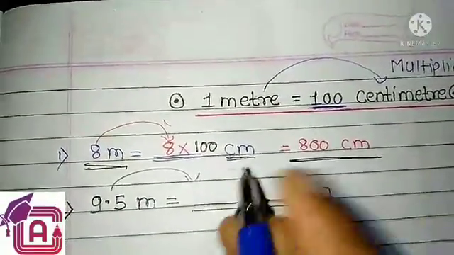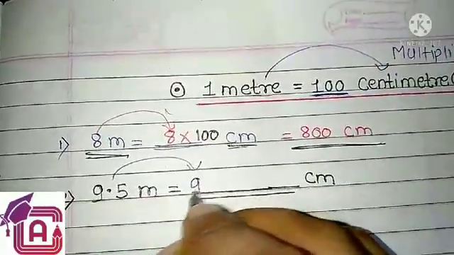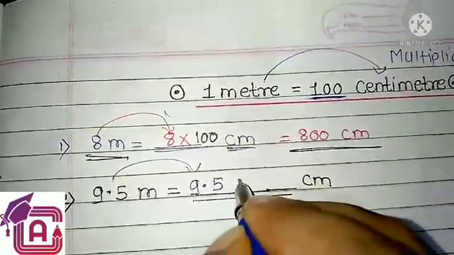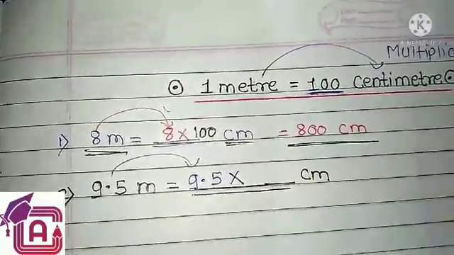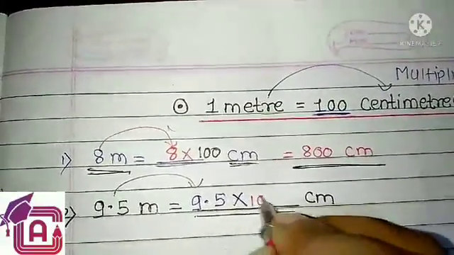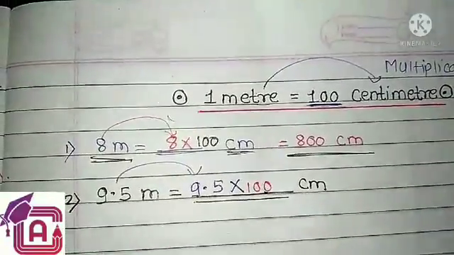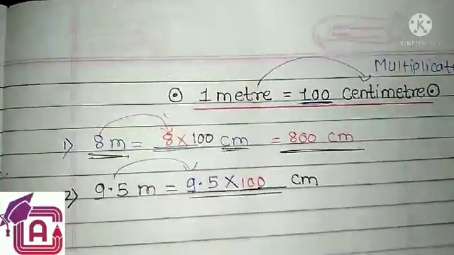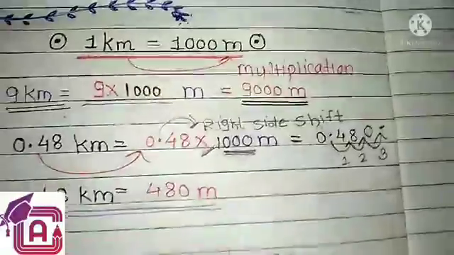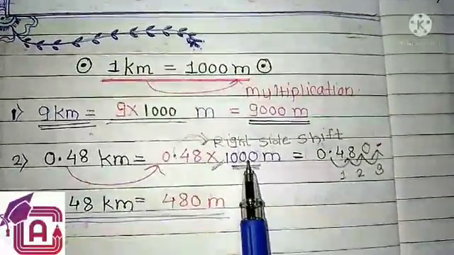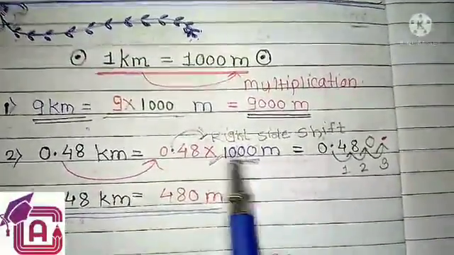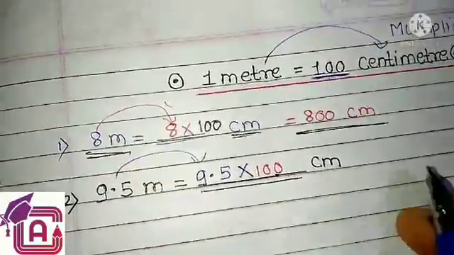Keep the number as it is, which is already in a decimal point, 9.5. Then multiply with how many, 100, because we have to convert to centimeter. So 9.5 multiplied by 100. As we saw earlier, when a multiplication operation is there with 10, 100, we have to move the decimal point towards the right side.